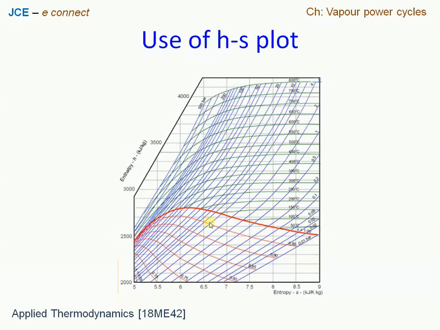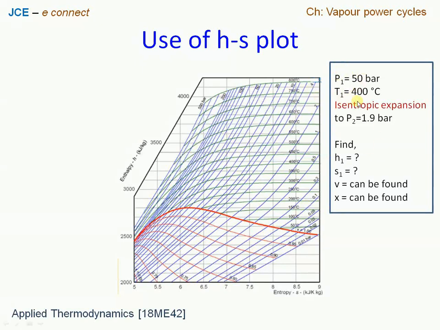Now let us consider one problem where we have an isentropic expansion process happening, maybe typically in a turbine. So we have state 1 data and state 2 data here. The system exists at a pressure of 50 bar and a temperature of 400 degrees Celsius, and it goes through an isentropic expansion process in a turbine, and then arrives at a pressure of 1.9 bar.